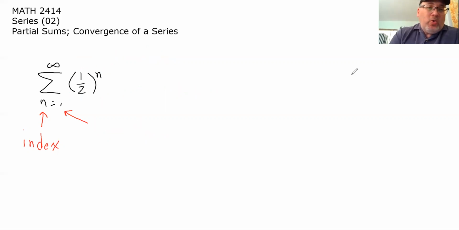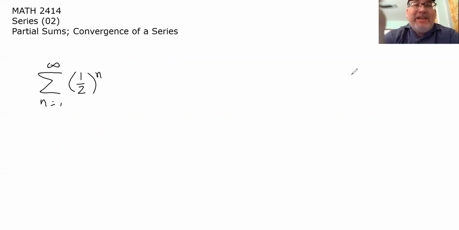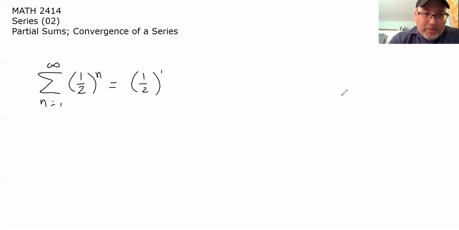All right, so how do we even begin to discuss how an infinite sum converges? Because technically speaking, it never stops. Well, let's start by writing out a few of these terms and talk about the idea of something called partial sums. If we were to write out this sum, we would start by letting the index equal the lower limit in the argument. So we would have 1/2 to the first power plus, and then we would just let the index go to the next whole number, which would be 2.